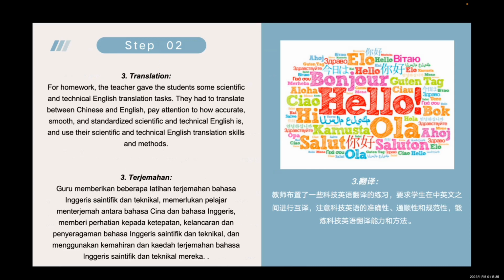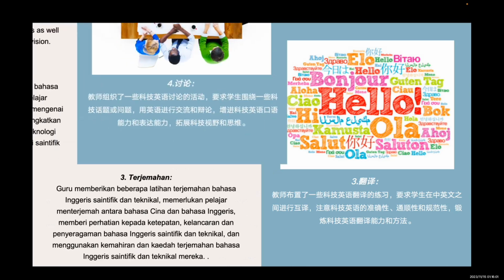So translation is very important. For homework, the teacher gave the students some scientific and technical English translation tasks. They had to translate between Chinese and English, pay attention to how accurate, smooth, and standardized scientific and technical English is, and use their scientific and technical English translation skills and methods.